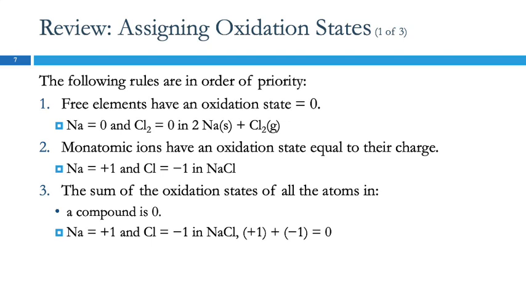Just like in an ionic compound, the sum of all the ionic charges has to be 0 because the compound is neutral. So if we know one of the oxidation states and not the other, we know they have to add up to 0 because it's neutral, and so we can figure out what the other one is.